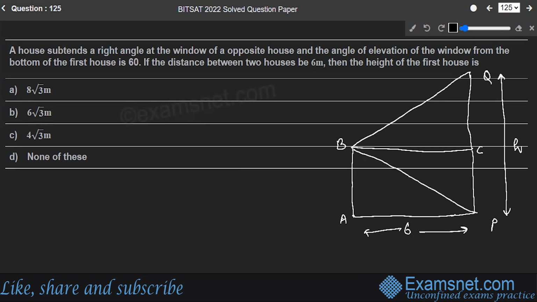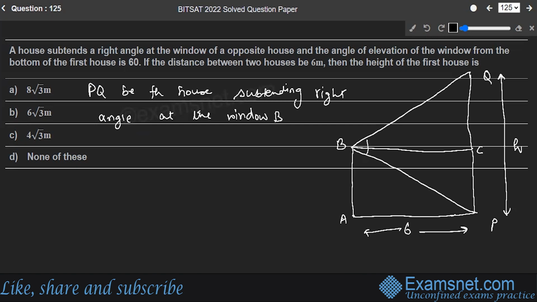So first of all, let's say PQ is the house subtending a right angle at the window B. So this angle is 90 degrees, of the opposite house AB.